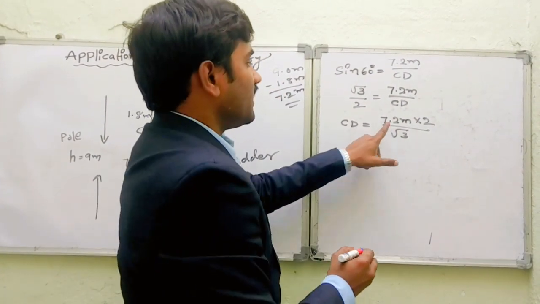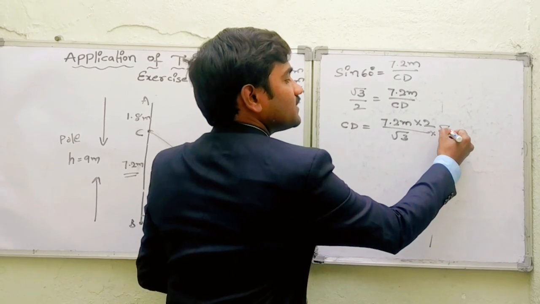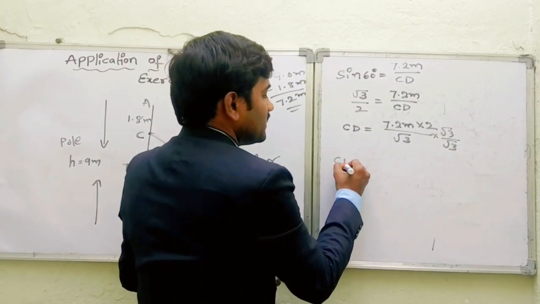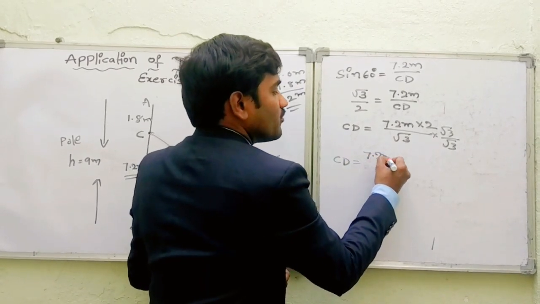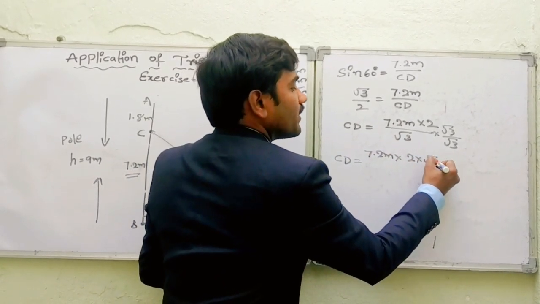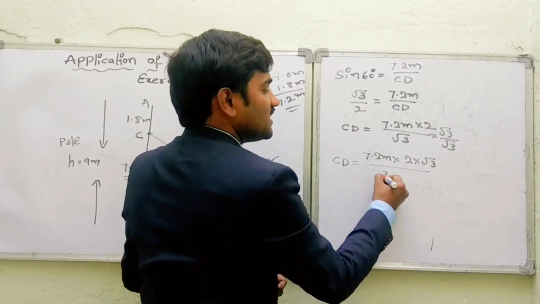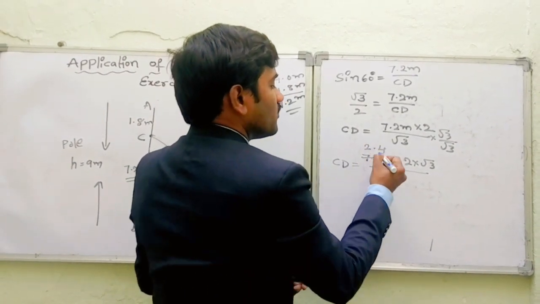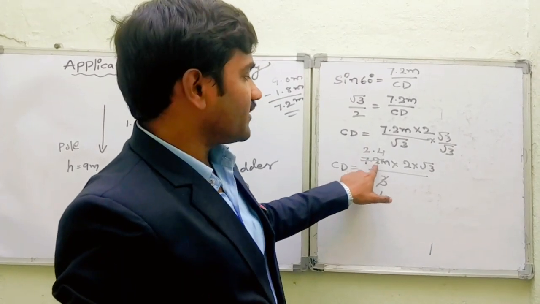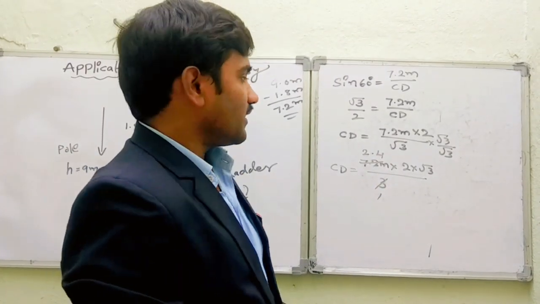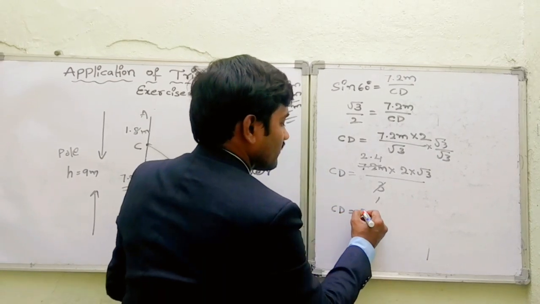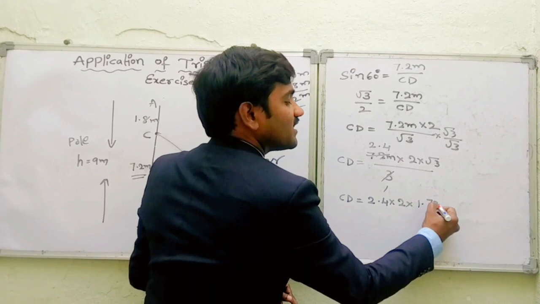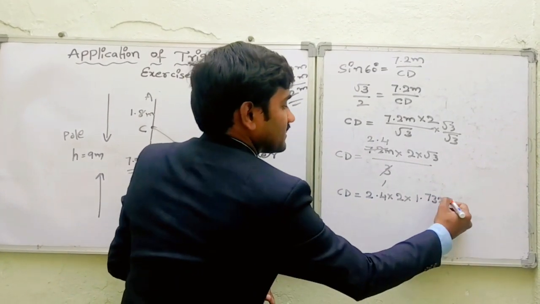Here let us rationalize this root 3 by root 3. Now what we get here, CD equals 7.2 meters into 2 into root 3 by root 3 into root 3, which is 3. 3 fours are 12, so 7.2 by 3 is 2.4. Now CD equals 2.4 into 2 into the root 3 value 1.732 meters.